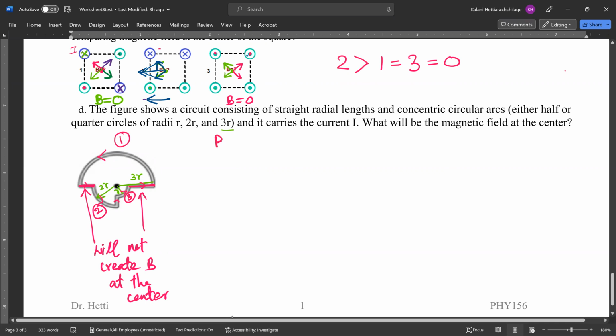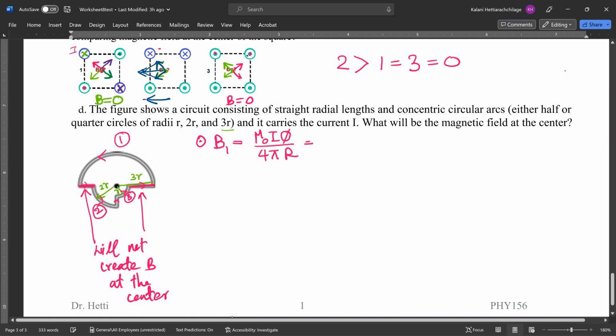So for the first one, I'm going to write B1. What direction will it create? Outward direction. Use your thumb in the direction of the current, grab the wire at the center, it will be outward. So now the magnetic field is outward. We know that the magnetic field for the arc shape is mu naught I, in this case pi, divided by 4 pi and r, right?